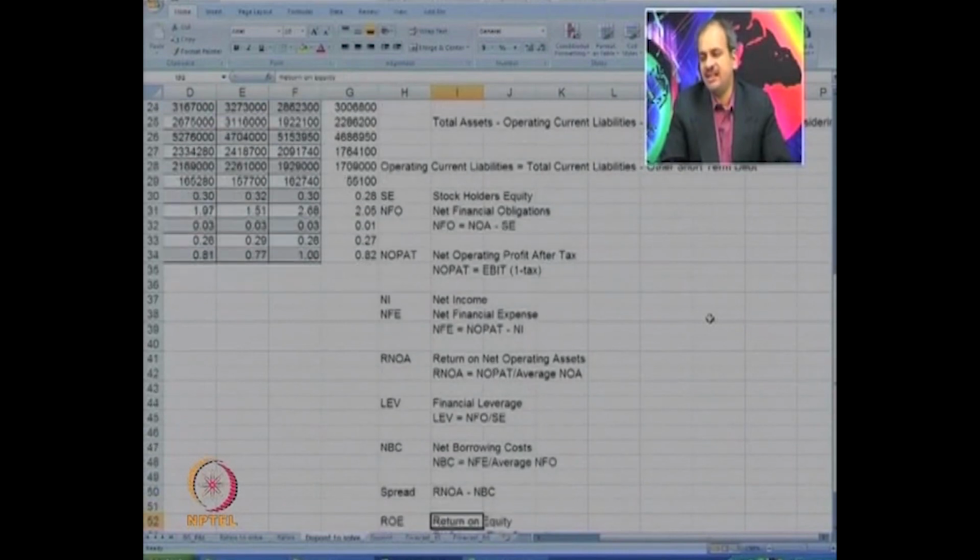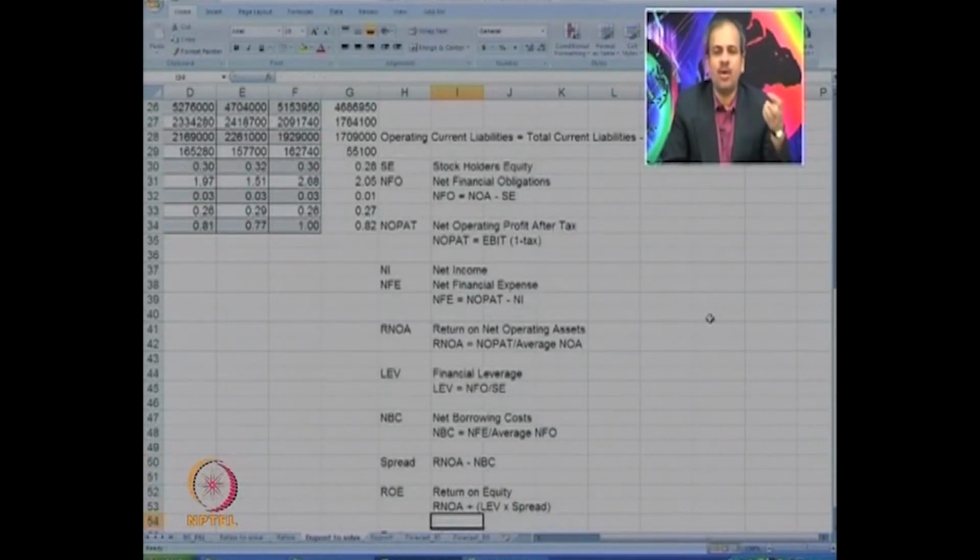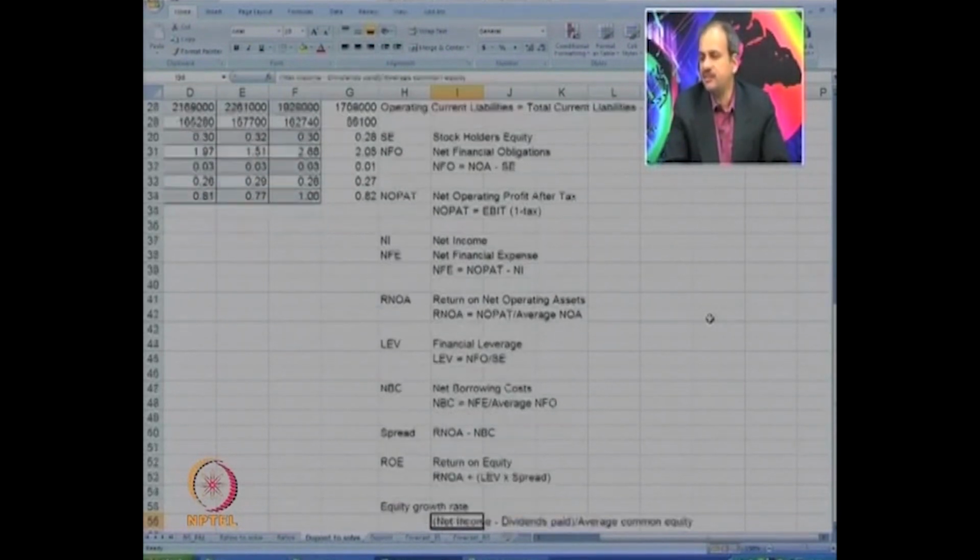Next was NBC, that is net borrowing costs. Here it is calculated as NFE upon average NFO. So, NFE is a sort of interest divided by the debt used, that is why it is NFE upon NFO. Spread is the profit earned by the owners by using the debt money, that is why it is RNOA minus NBC, because NBC is an interest or the financial cost, RNOA is the total return earned.